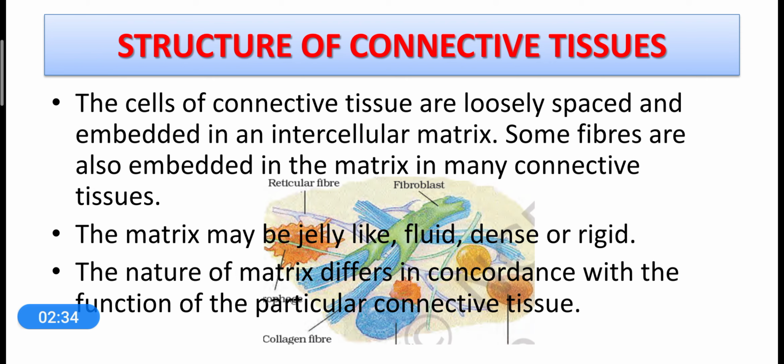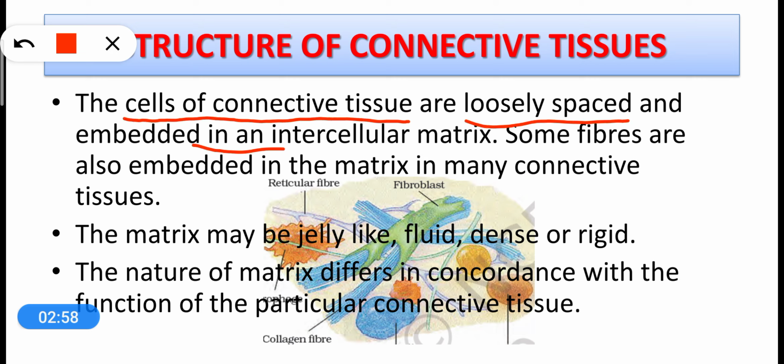Students, let's talk about the structure of connective tissues. Most of the connective tissues have a similar plan of structure, means there are certain similarities in the structure of all connective tissues. What are these similarities? Students, the cells of all the connective tissues are loosely spaced and embedded in an intercellular matrix. Here you can see an image of a connective tissue, right?